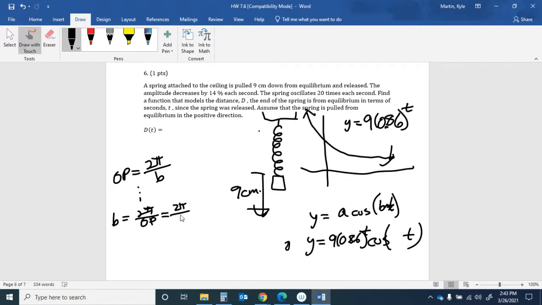All right. Oh man, this is cruel. We haven't even talked about this yet. So that's frequency, the number of times it oscillates per unit of time. So 20 times per second is equivalent to, how do I want to say this?